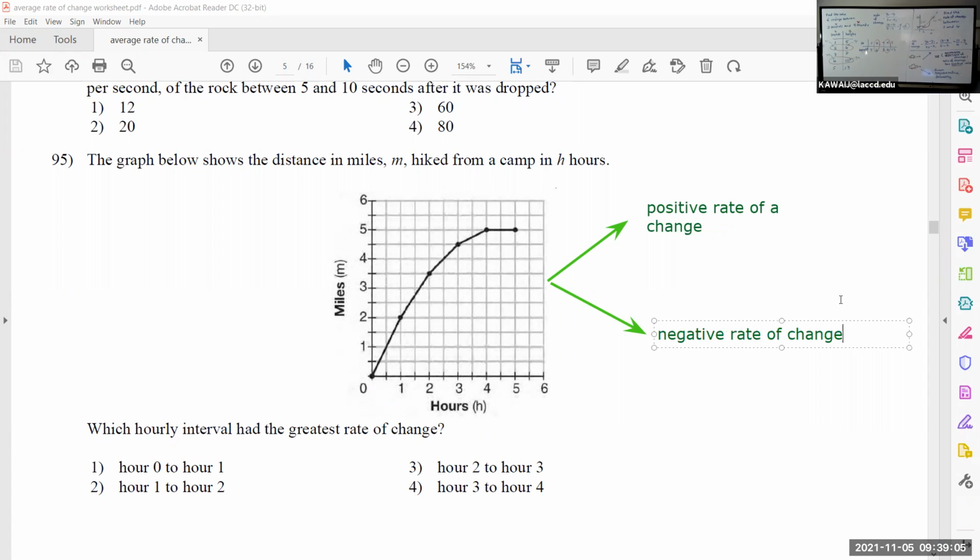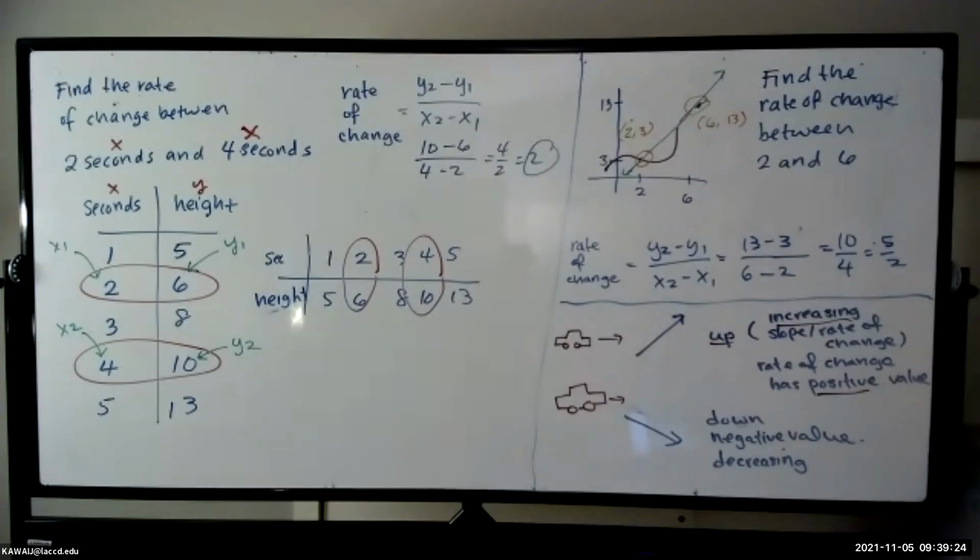But the problem with this problem is that if we look at the rate of change of each of these intervals, let's look at 0 to 1. From 0 to 1, I went up 2.